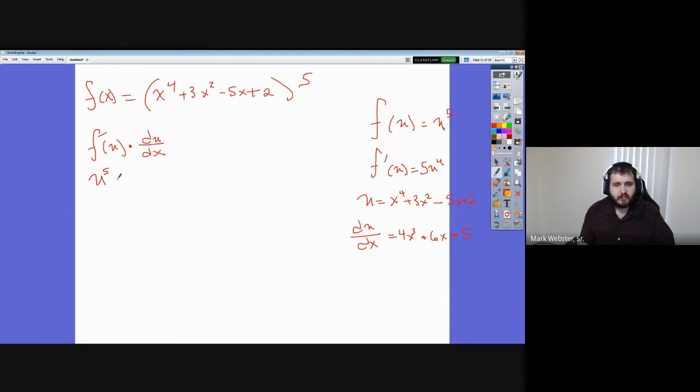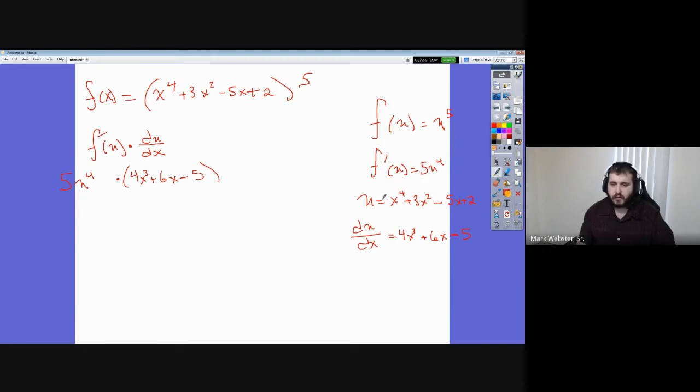U to the fifth times 4x cubed plus 6x minus 5. And as our final step, instead of u, we'll put, and I'm sorry, I copied the wrong line, didn't I? The prime u. 5u to the fourth. There we go. My apologies for that.